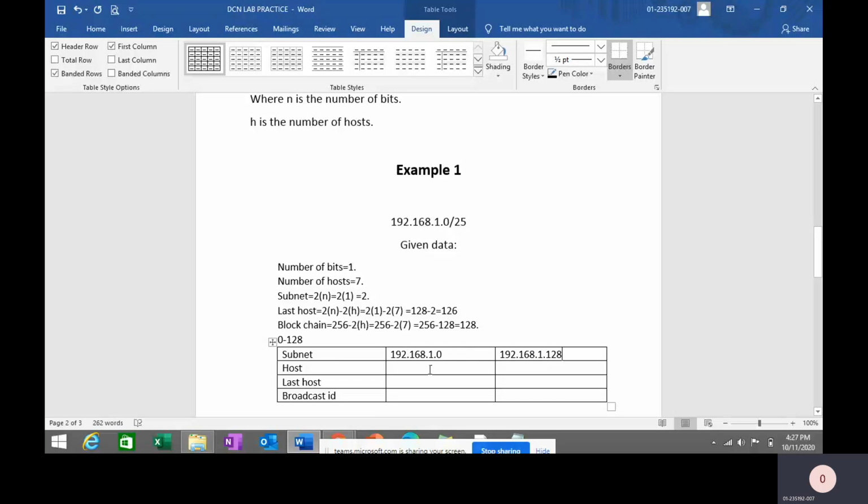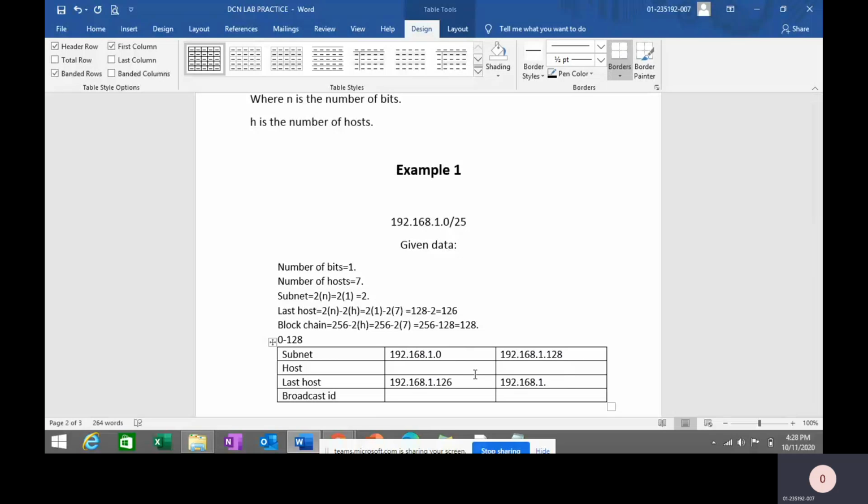Okay, now we'll determine the last host: 192.168.1.126, and the second one will be 192.168.1.126 plus 128.